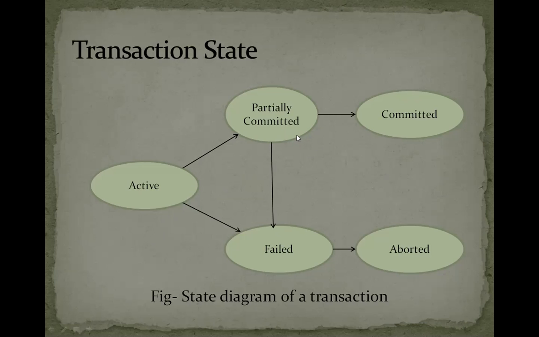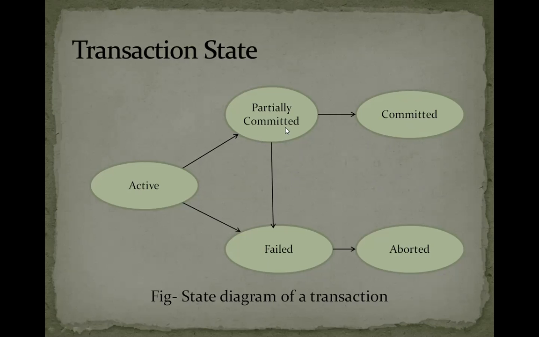And thus, a hardware failure may preclude its successful completion. So the database system then writes out enough information to the disk at that particular moment of time. Even in the event of failure, the updates performed by the transaction can be recreated whenever the system restarts after the failure. And when the last of this information is written out, the transaction enters into the committed state.